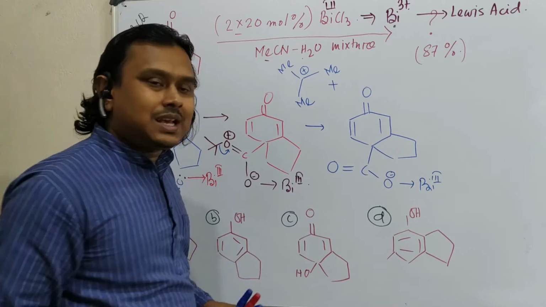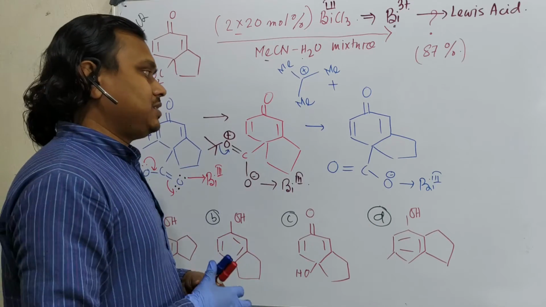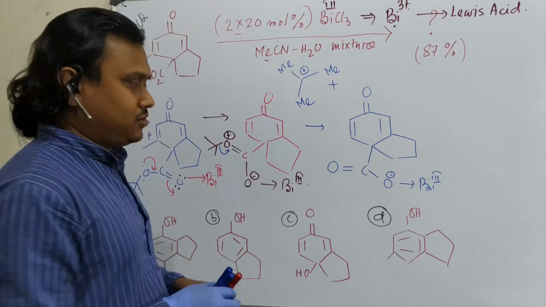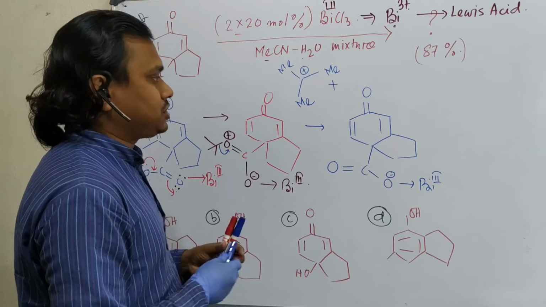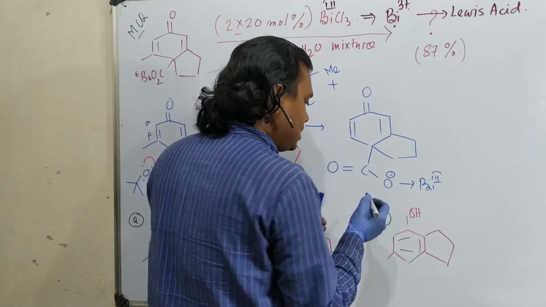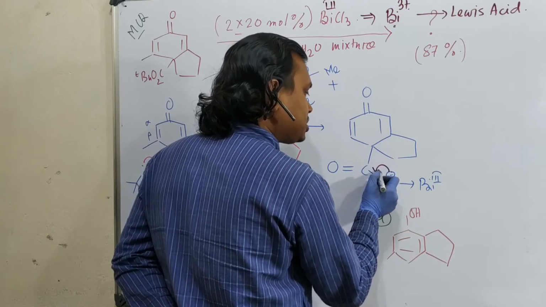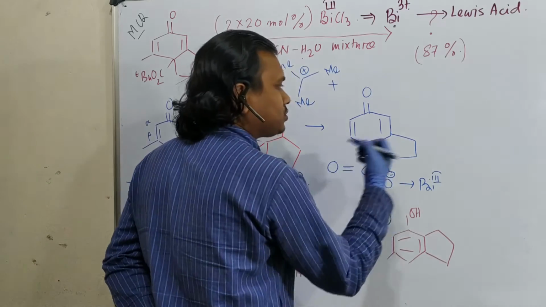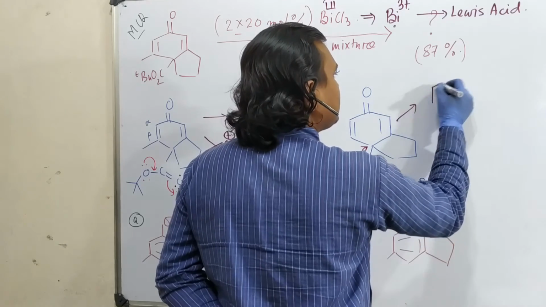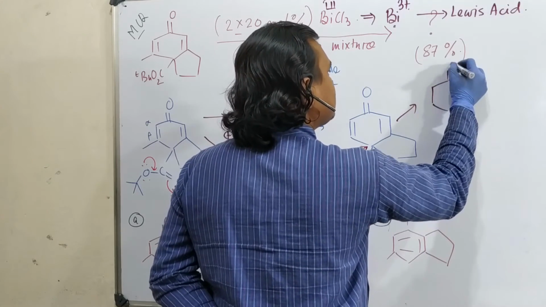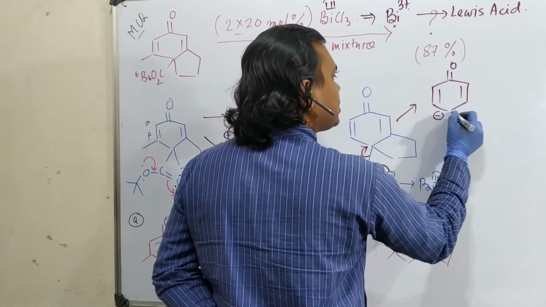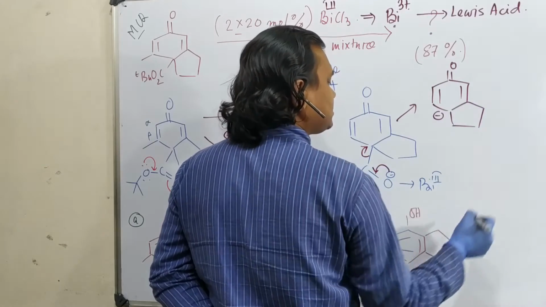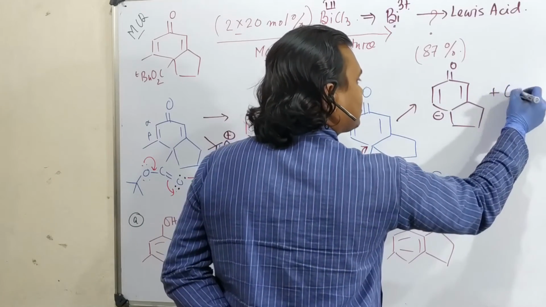Now this is also stabilized. But the question is, will the reaction stop here? Obviously not. It will undergo decarboxylation. So what will happen? In this case, it will push, it will come here. So what does it produce? It produces this negative charge, and plus carbon dioxide.